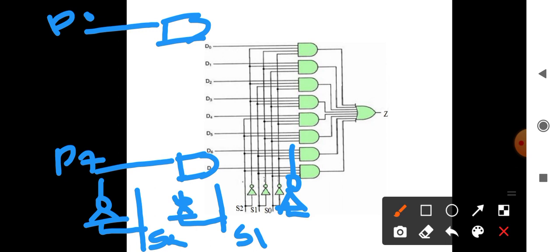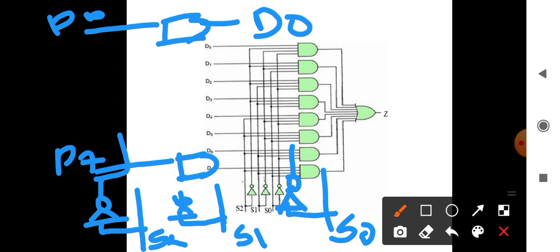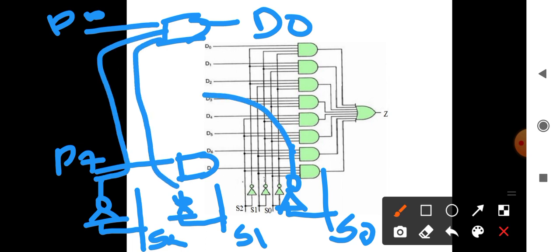This combination will be there for every multiplexer. So for D0, you just need to route this and apply these 3. We are having 4-input AND gates here, and that will be given.